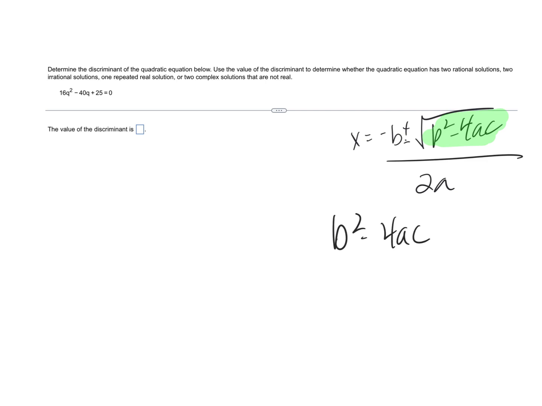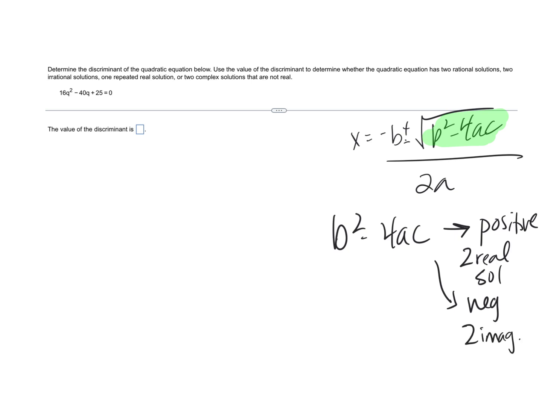If that number is positive, then I get 2 real solutions. If that number is negative, then I get 2 imaginary. If that number is exactly equal to 0, then I get exactly 1 real solution.